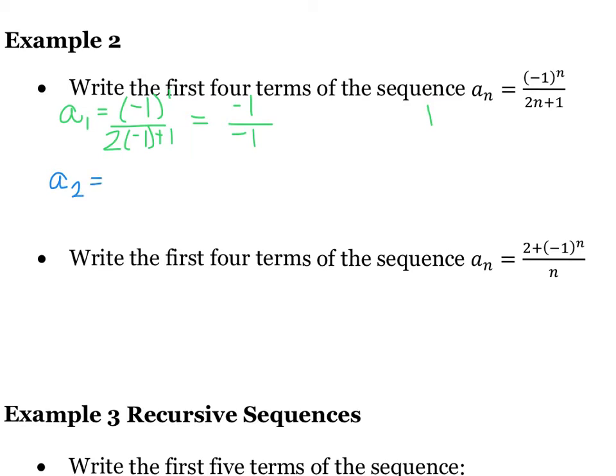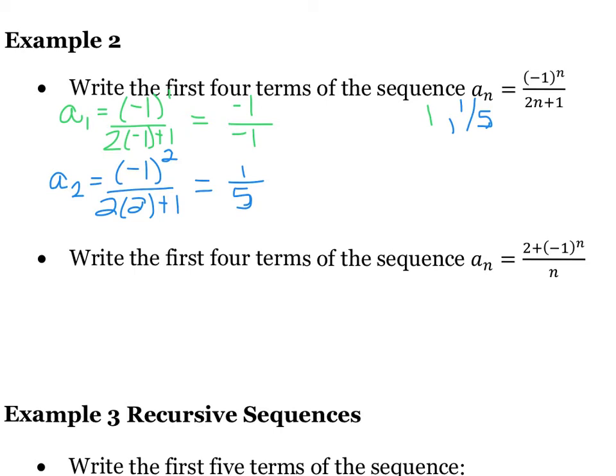All right, a sub 2. So that's -1 squared over 2 times 2 plus 1. So that looks like +1 over 5. So that would be 1/5. How about a sub 3?